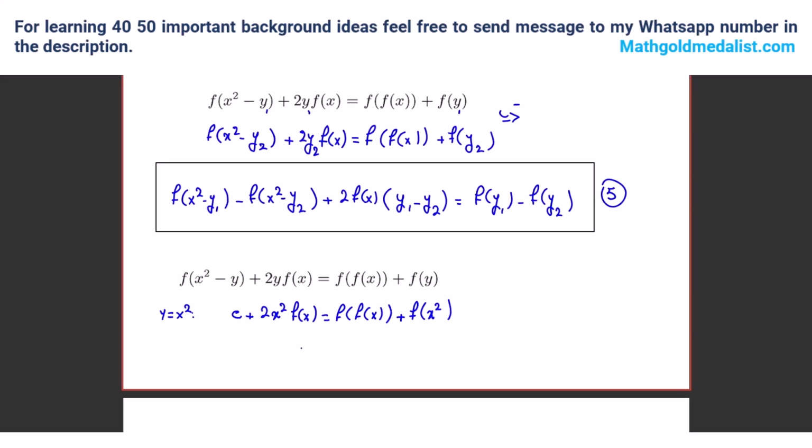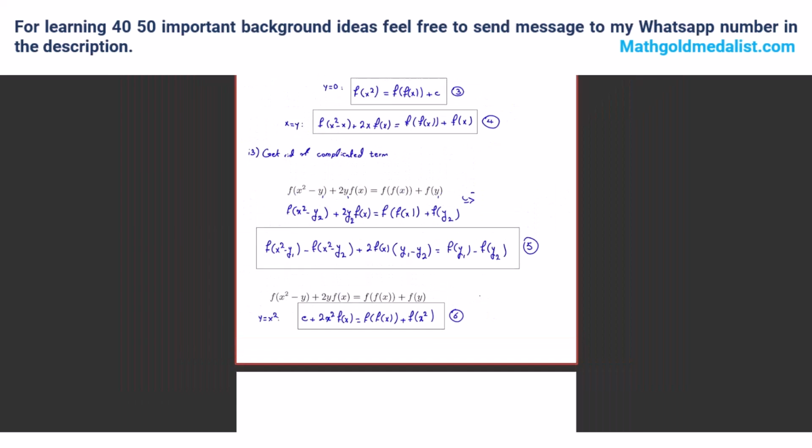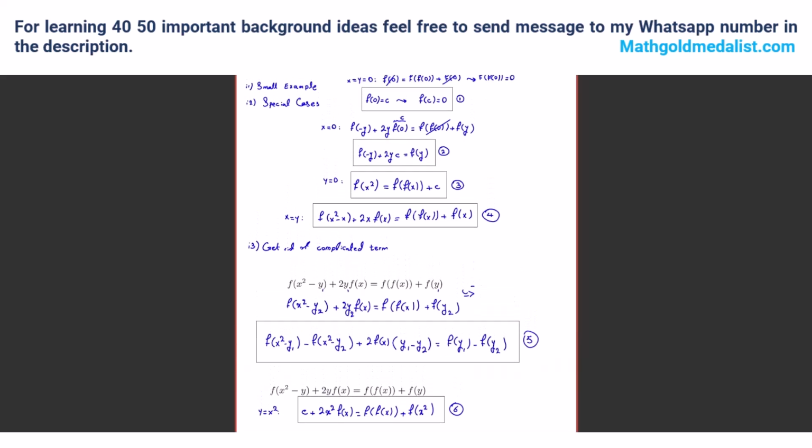And, okay, if you write it in terms of c, can we simplify? Okay, so let's put a box around this part. Let's call it a sixth result, okay? Okay, now let's consider all things that we reach, which of them are similar. This one and this one can be useful because both of them have f of x squared and f of x.